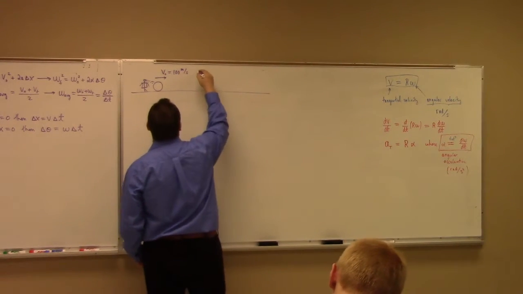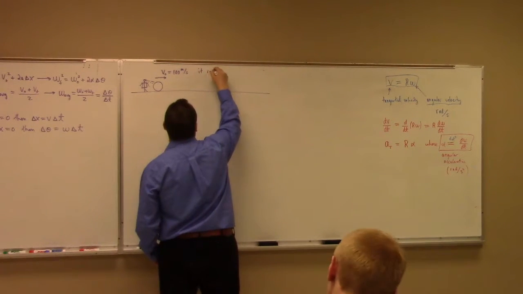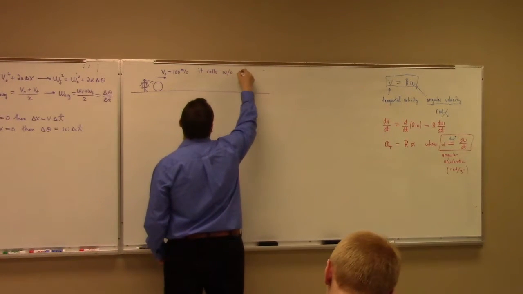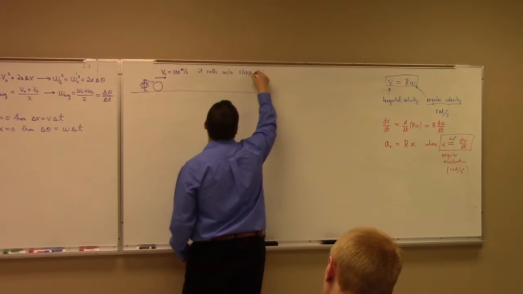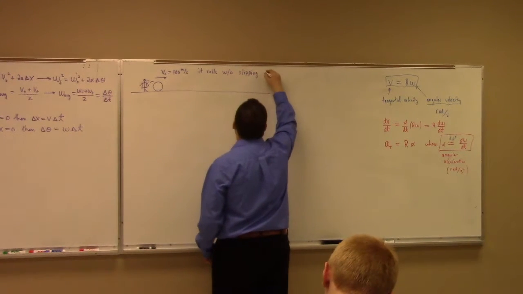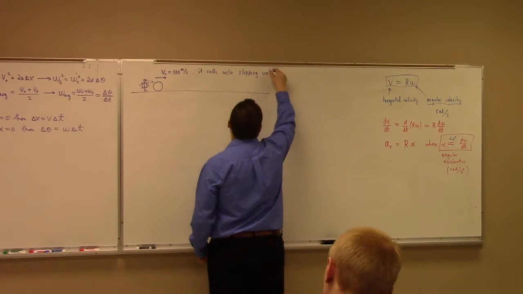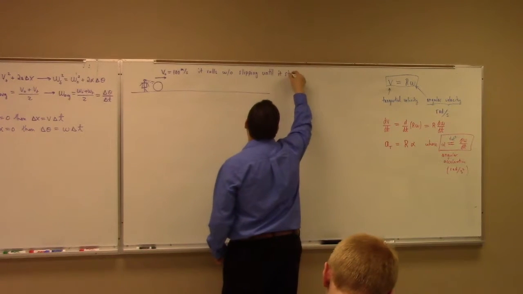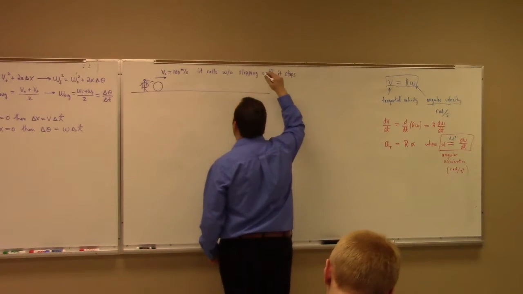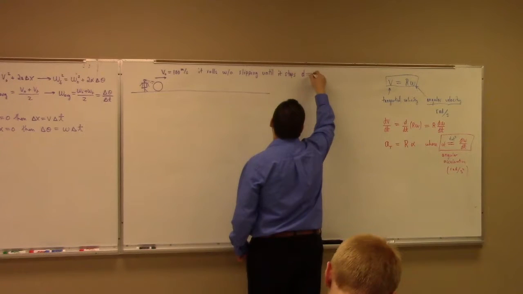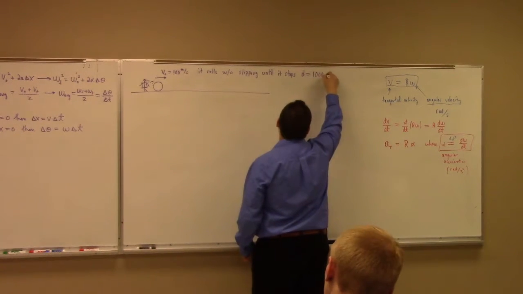All right? It rolls without slipping until it stops at distance d equals 1,000 meters away.